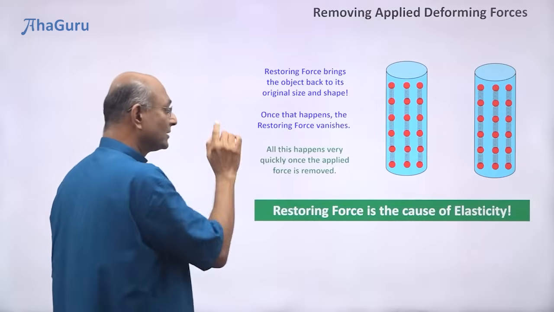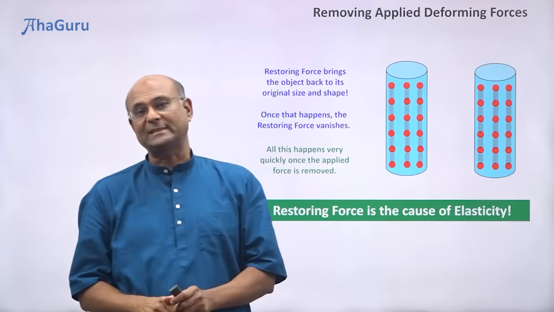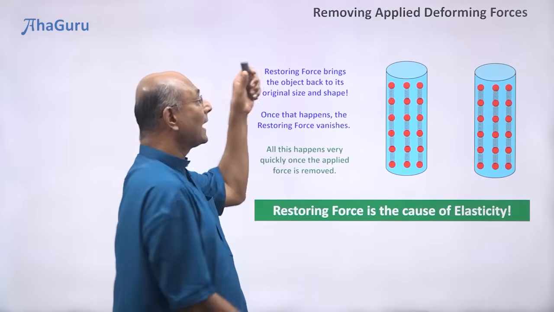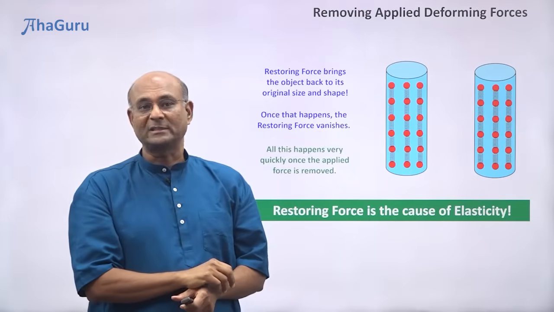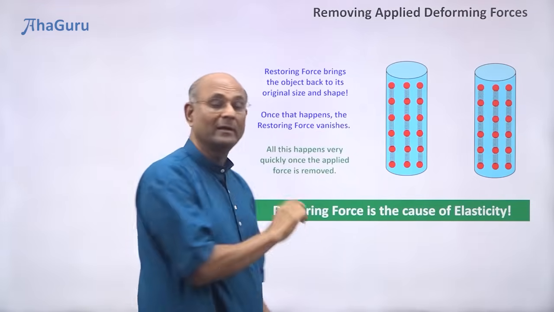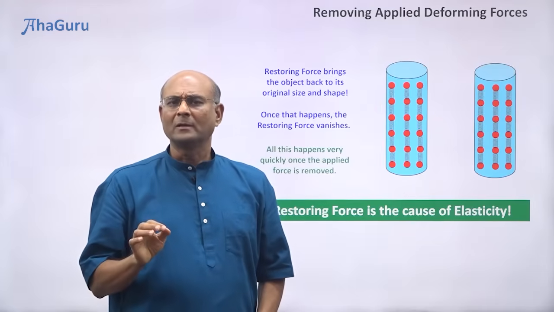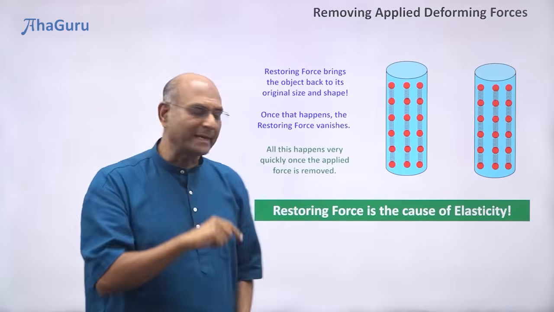Now restoring force, I hope you have understood, is the cause of elasticity. Why do objects come back to their original configuration? Because of restoring force. Keep this in mind. This is very important. This is the fundamental cause of elasticity. So why are some objects plastic?